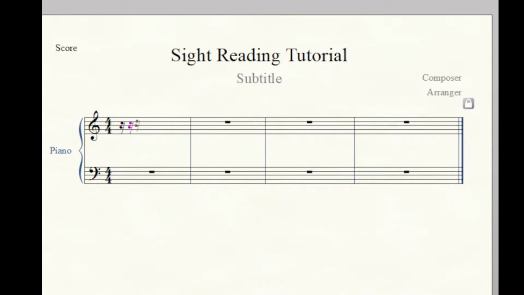As the name implies, there would be 16 of these that could fill a measure. And likewise, you could fit a note. The note would be the same duration as the rest.